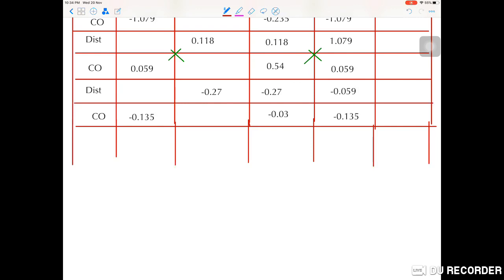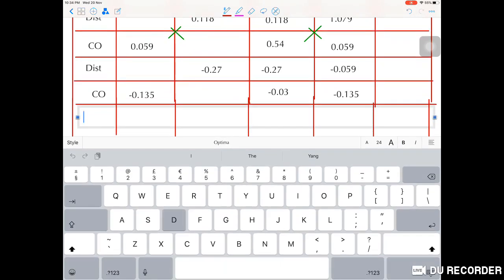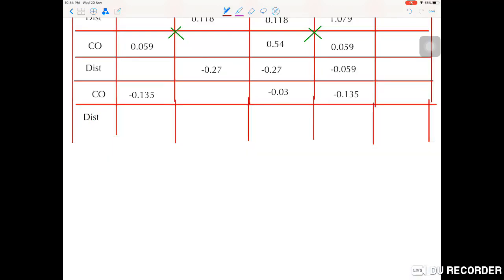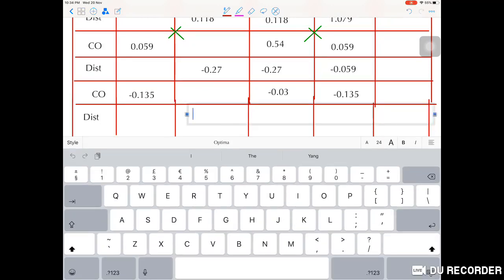Okay, next is distribution. It is 0.03 times 0.5, 0.015.